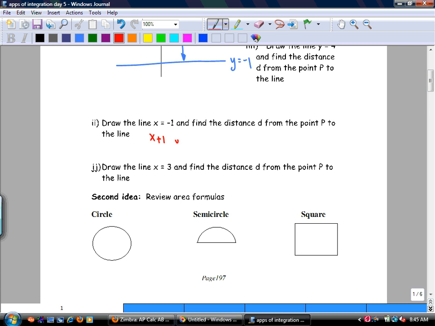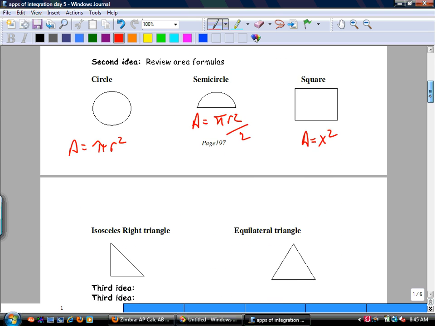So, area of a circle. Thank you. Semicircle. Square: length squared, or width squared, or side squared, or whatever you want.